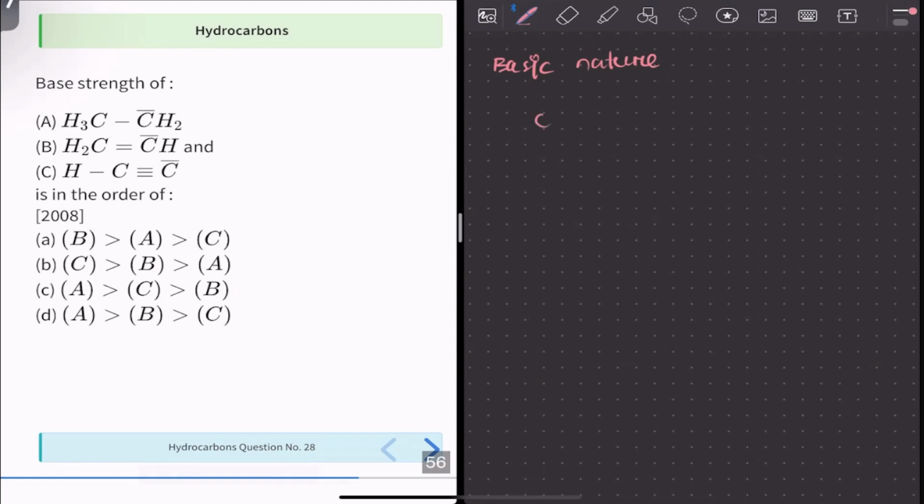Let's see CH3CH2 minus, CH2=CH minus, HC≡C minus. The hybridization here is sp3, here is sp2, and here is sp.